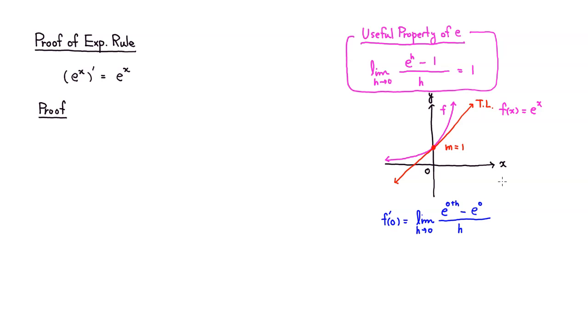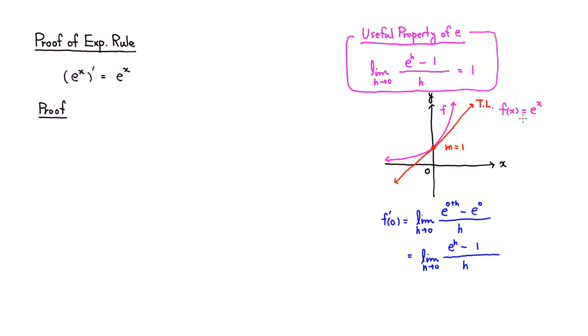This is just the definition. If you simplify this, you get exactly the limit that we're looking at. There's no point in writing 0, so you can write e to the h minus e to the 0, which is 1, all over h. So you can see that this is actually the derivative of the exponential function evaluated at 0, which is the left-hand side of the property.